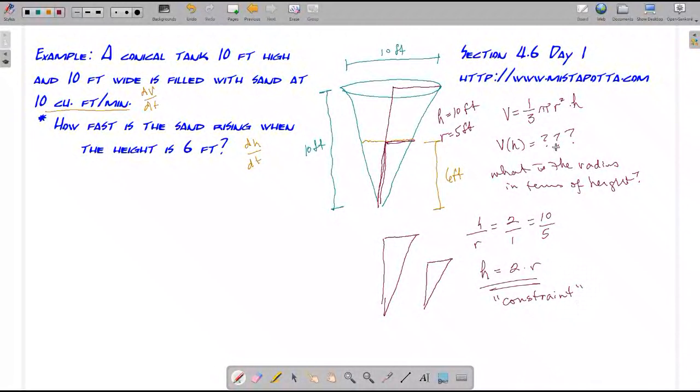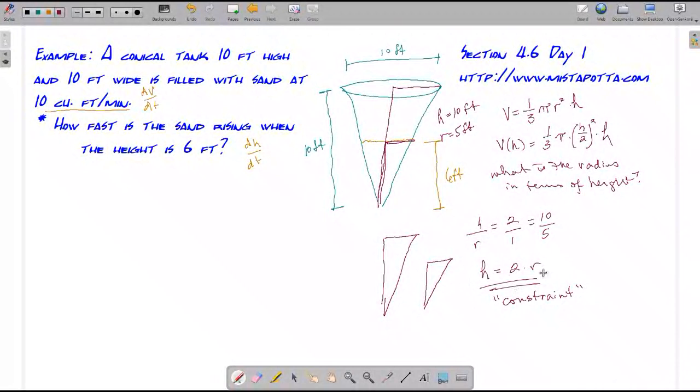That allows me to take this relation of volume that involves radius and height and convert it to a function of volume. And in this case, my function of volume is 1/3 pi times (h over 2) squared times h.